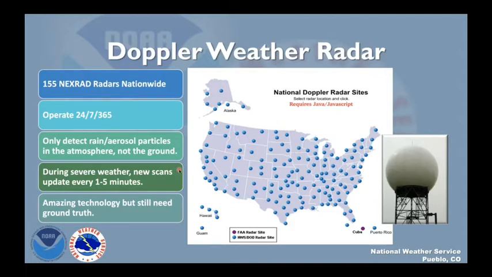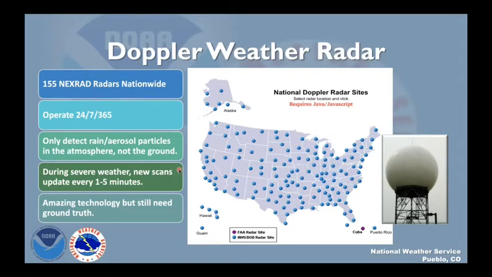Anyways, during severe weather, though, we get new scans every 1 to 5 minutes. It is a great technology, but it's still a flawed technology, and this is one of the main reasons why we rely on spotters across southern Colorado, because we don't really know what's occurring at the ground at some points, especially places like the San Luis Valley, the upper Arkansas River Valley, and even the far eastern plains.